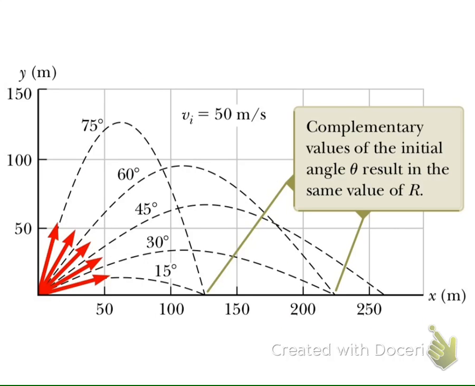This figure shows that result. You can see that all of these projectiles are launched with the same magnitude of initial velocity. Okay, and when the angle is small, the range is small too. When you increase the angle of the initial velocity, you have a larger horizontal range, and it is maximum when theta i is equal to 45 degrees.